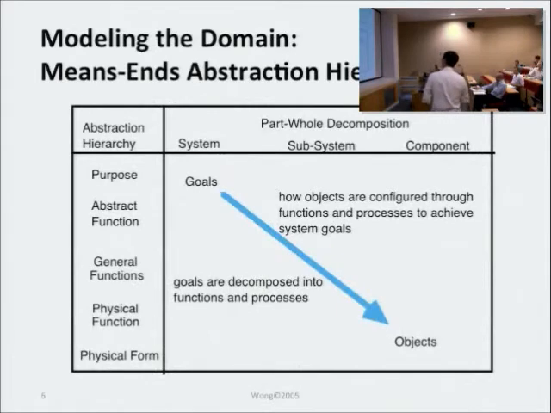I'm just going to show you what some of these tools are. Some of you may have seen this. It's called a means and abstraction hierarchy. It gives you a way of systematically decomposing a system into different levels of abstraction according to different systems and subcomponents. I won't go through this because it's going to take too much time.